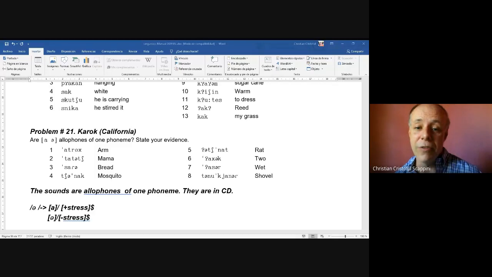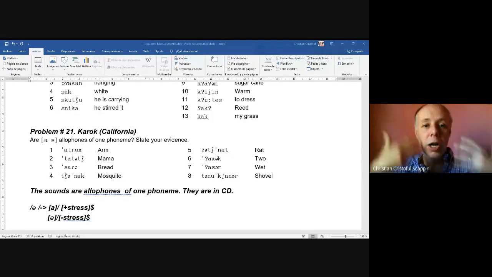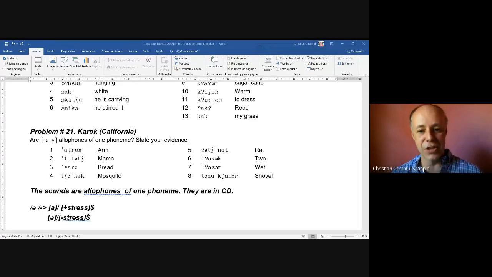So the G forces the S to become voiced too. And we have Z instead. So, conclusion then. There are certain sounds that are very strong and force the contiguous sound to behave like them, to look like them. Okay, that is a case of assimilation.